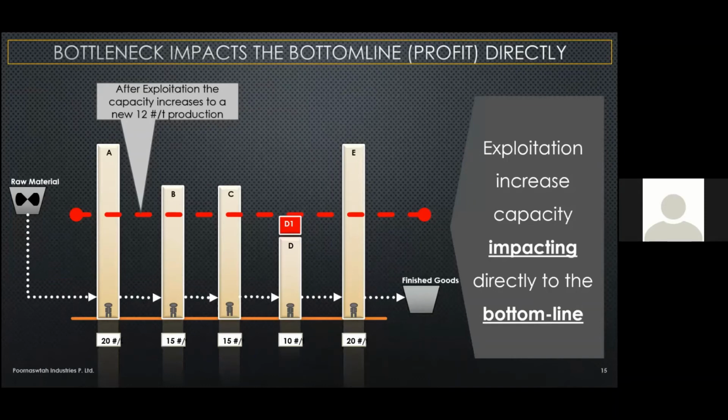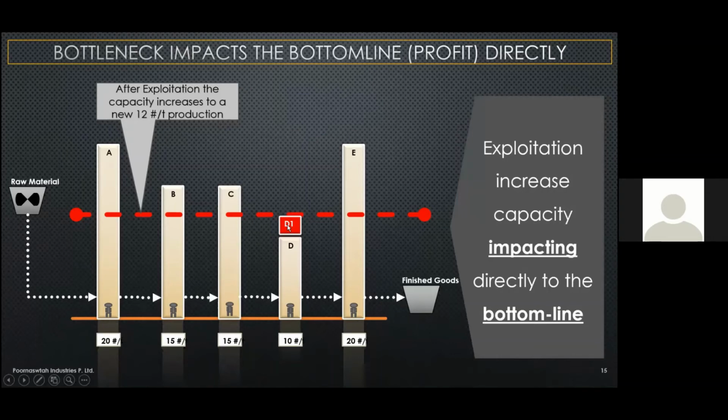After exploitation, the capacity increases to a new 12 units per time of production. It is often observed that 20% capacity is increased after exploitation, and now your profit generation capacity has been increased from 10 to 12. See, this station is defining how much profit your organization is going to generate.